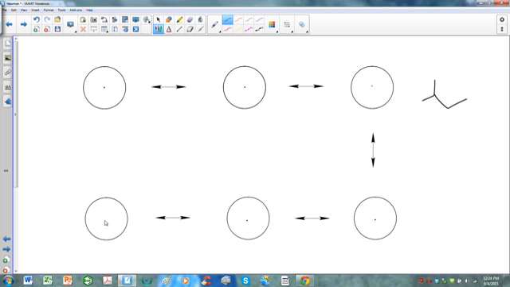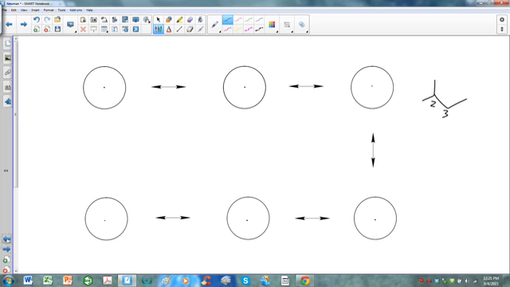So these circles with dots in them are going to represent different conformations of this 2-methylbutane. Remember we said we were looking at carbon 2 and carbon 3 down this bond. In a Newman projection the front carbon, in this case carbon 2, is represented by a dot. Carbon 3 is represented by this large circle here. So carbon 2 is the front, carbon 3 is the back.